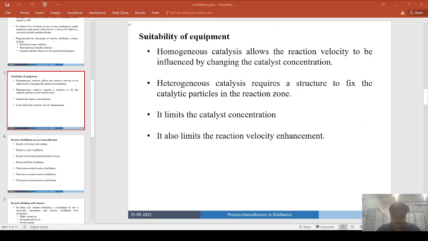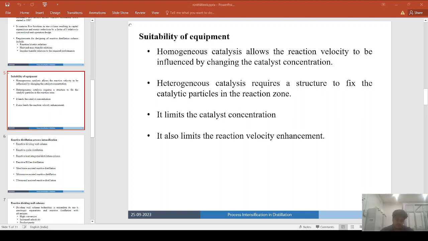Heterogeneous catalysis requires a structure to fix the catalytic particles in the reaction zone. As compared to the homogeneous catalysis system, a heterogeneous catalysis system requires the catalyst as solid particles.